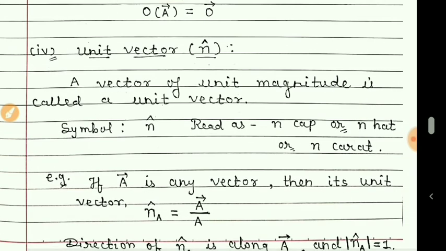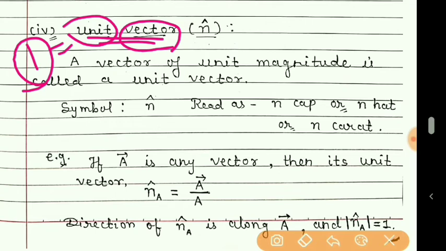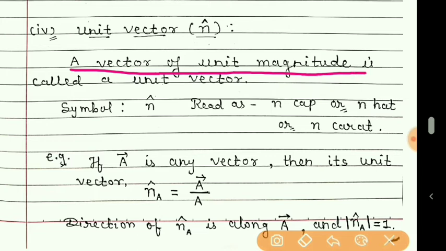Now about unit vector. Unit means 1. So a vector whose magnitude is 1, that is a unit vector. So here the definition of unit vector is written: a vector of unit magnitude is called a unit vector. The symbol for unit vector is n, and here there is a cap.